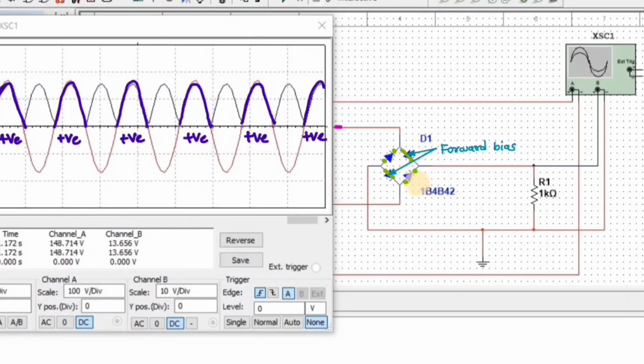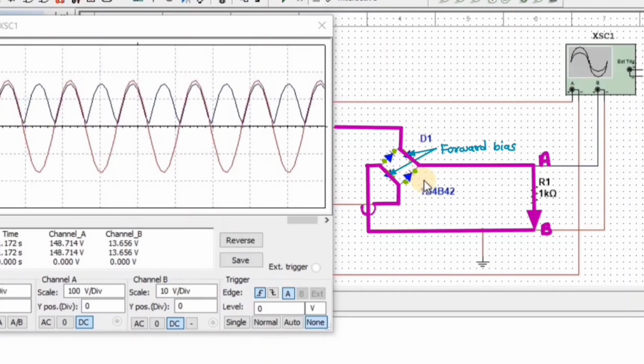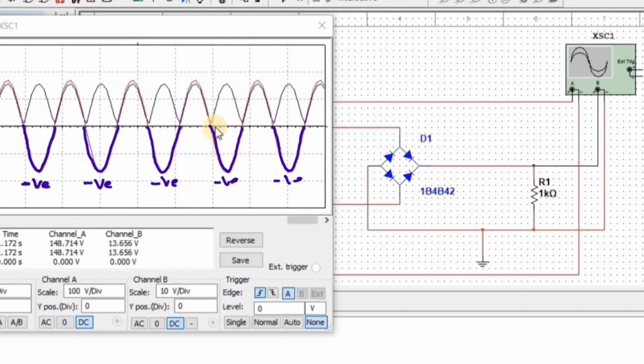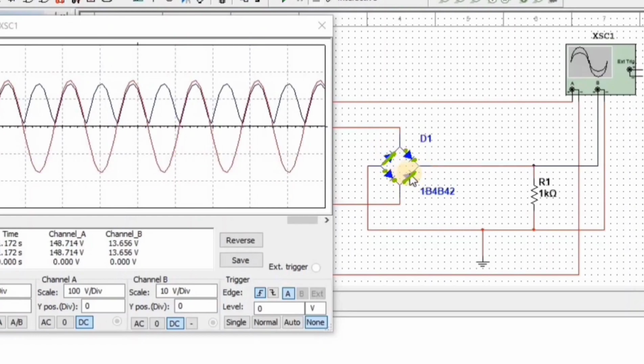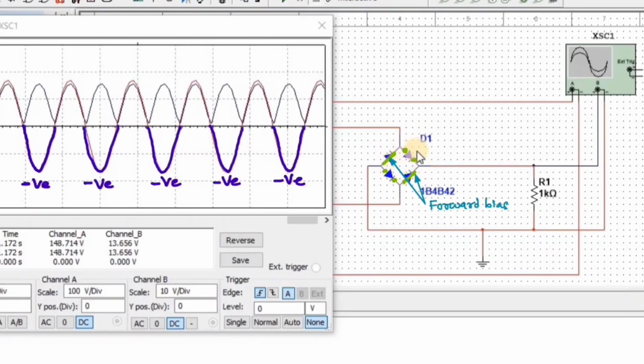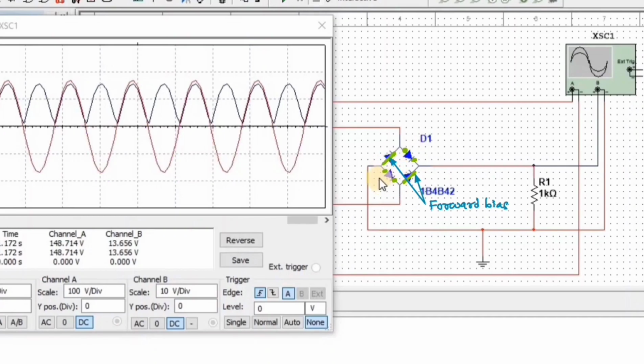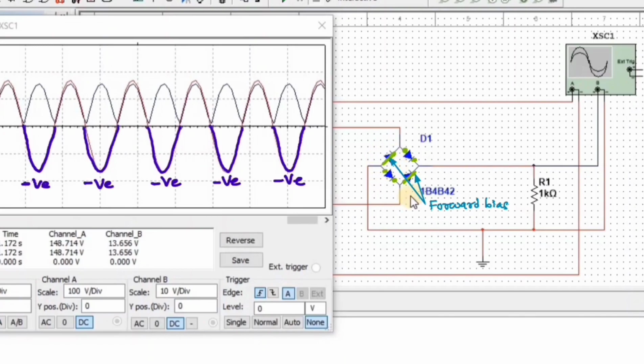In this case, the current flow is from terminal say A to B. During the negative half cycle, diodes D2 and D4 are forward biased and allow electric current, while diodes D1 and D3 are reverse biased and block electric current. In this case too, current flow is from terminal A to B.